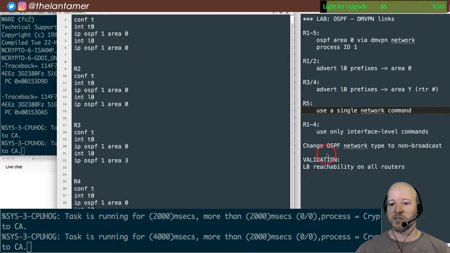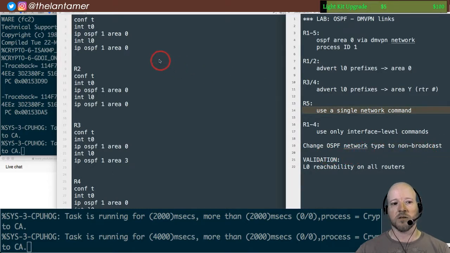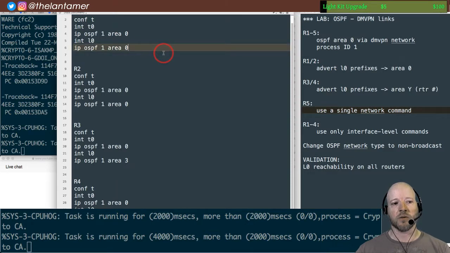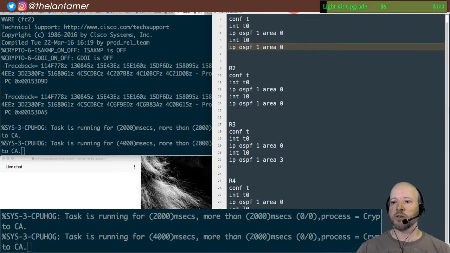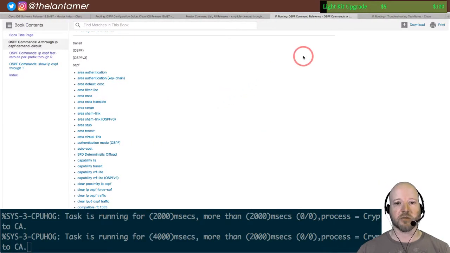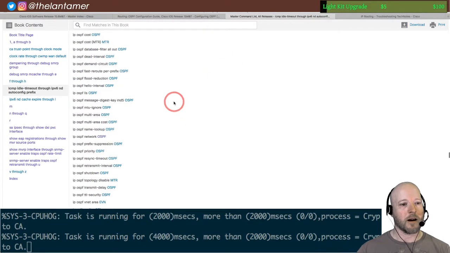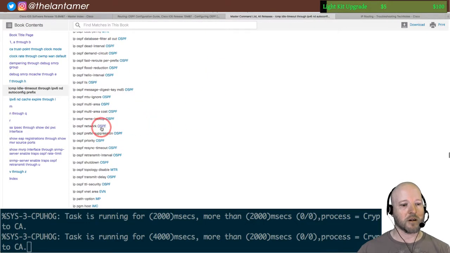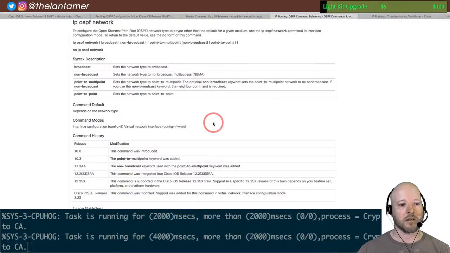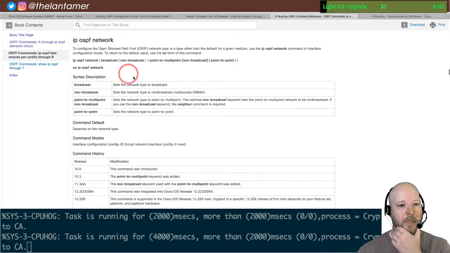You change the OSPF network type to non-broadcast. Now this is for all. So before we do that, let's look at the command reference again. IP OSPF network. It said to change this to non-broadcast, right?